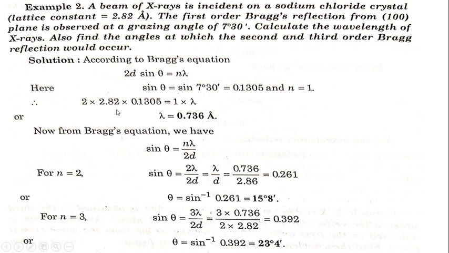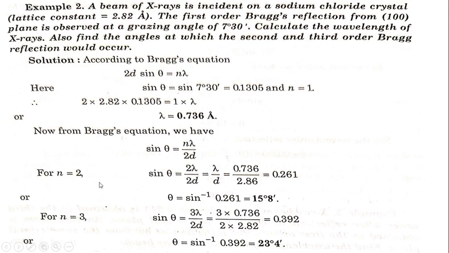So 2 into 2.82 into 0.1305 equal to 1 into lambda. Now therefore after simplification lambda equal to 0.736 angstrom.